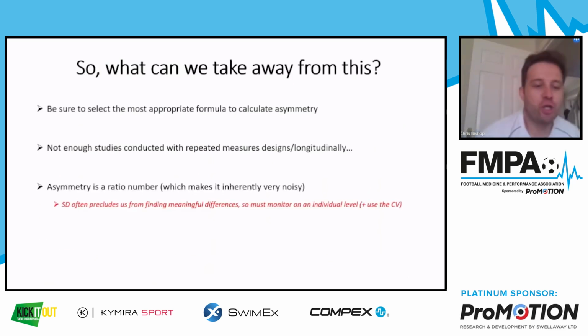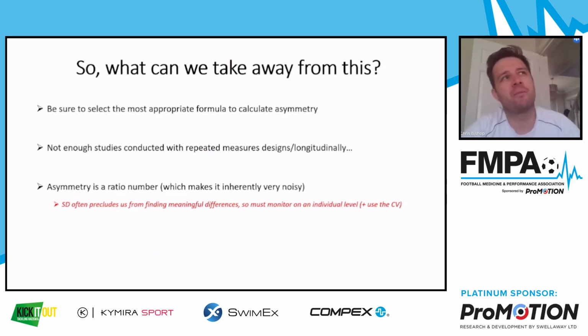As alluded to with regards to the standard deviation, asymmetry is a ratio number, okay, and that makes it quite noisy as a concept. So that means, and I know I'm flogging a dead horse and saying the same thing here, that we probably need to monitor on an individual level.